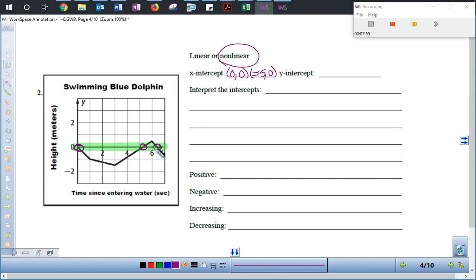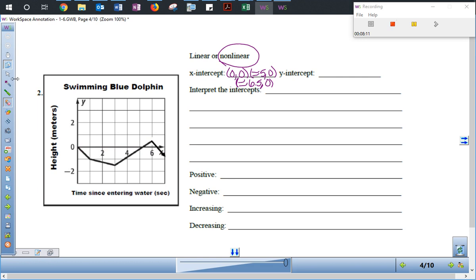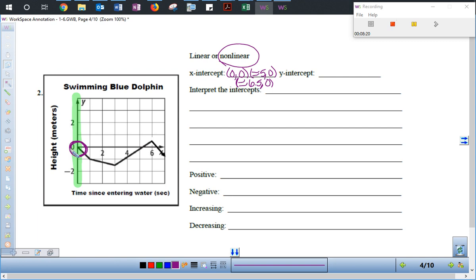And then my third one looks like it's halfway between 6 and 7, so we're going to have to approximate that as well. We're going to say about 6.5, comma 0. So I've got my 3 x-intercepts. Now my y-intercepts are where my graph crosses the y-axis, so this guy right here. Notice it only touches the y-axis once, so there's only one y-intercept, which is at 0, 0.